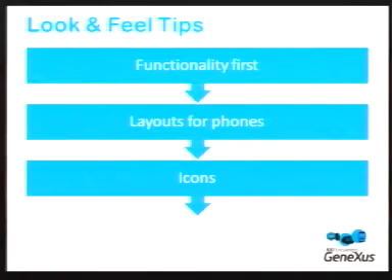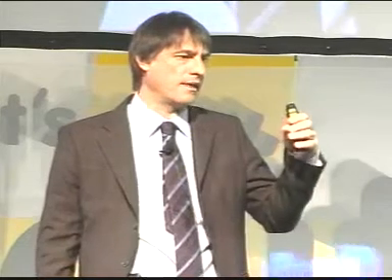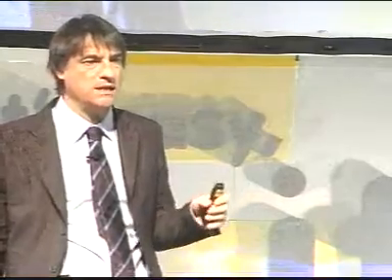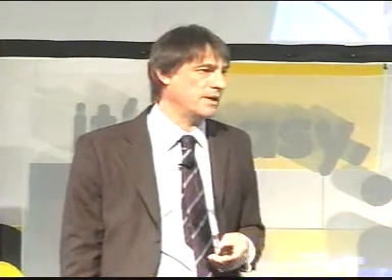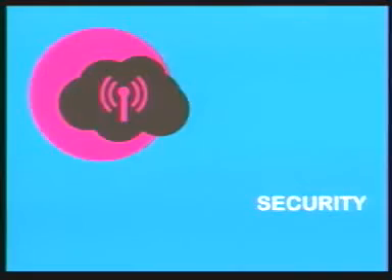Everything that could have an icon should have an icon. The main application, each one of the tabs, each one of the menu options, everything must have an icon, because otherwise it looks ugly. And only after this you face the more difficult step, that is the layout for tablet. This is my recommendation for look and feel, and above all, find a graphic designer to help you to have a nice application.